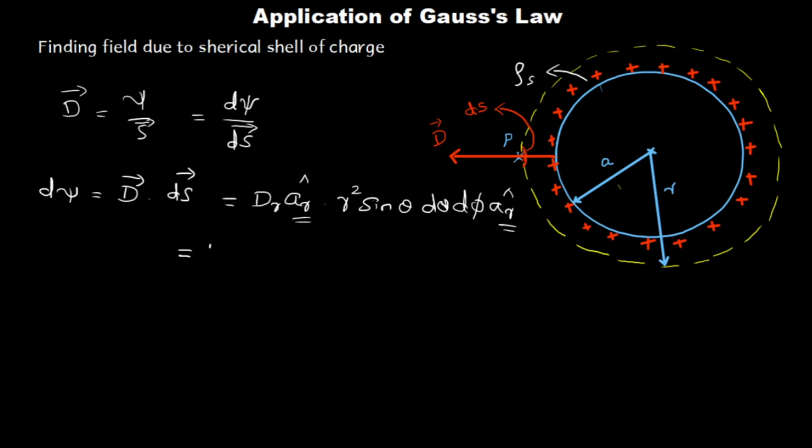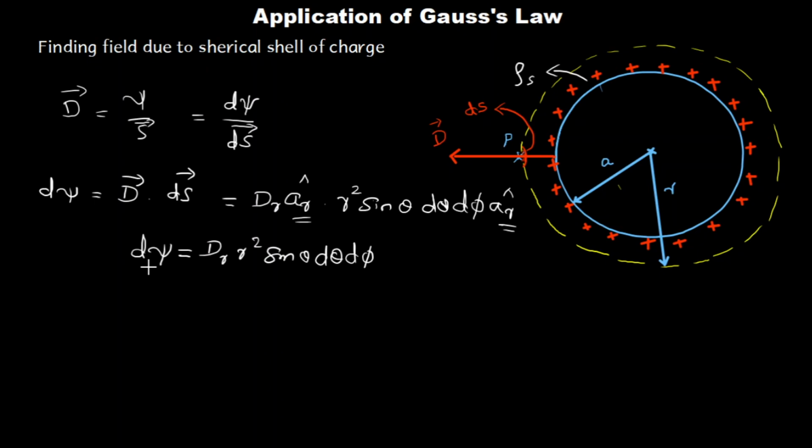So I will have d psi as Dr r square sin theta d theta d phi. Now this is my d psi, that is the infinitely small flux which is coming out of that small surface ds.